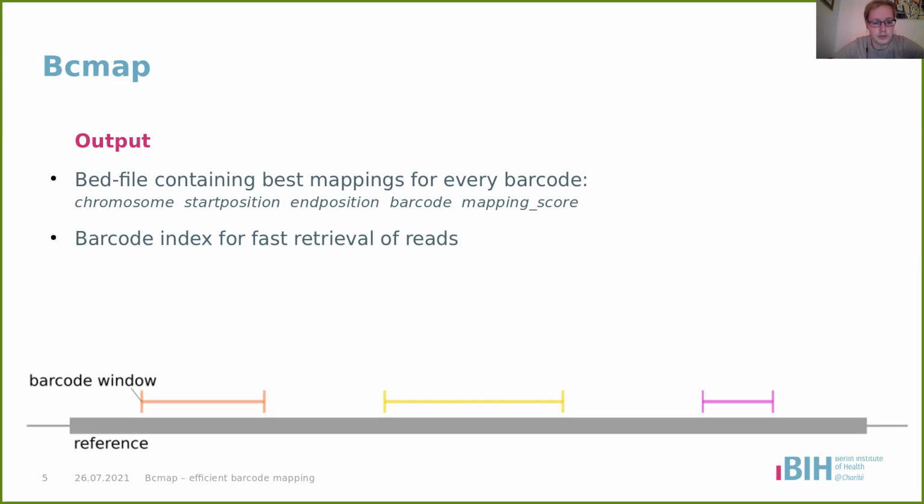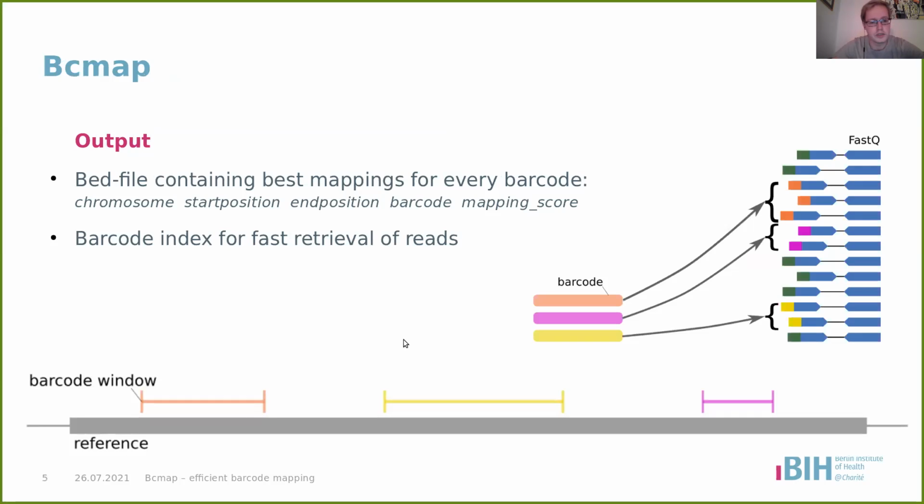This includes the position on the reference, the barcode it belongs to, as well as a score for every mapping that tells us how trustworthy the mapping is. And we also return the barcode index that I mentioned before. This can be used to quickly retrieve all reads belonging to a barcode or a set of barcodes from the FASTQ files.